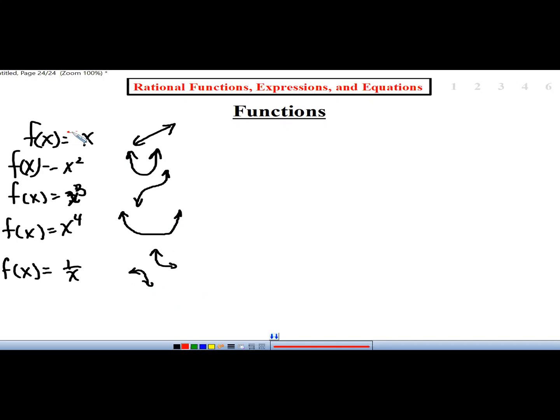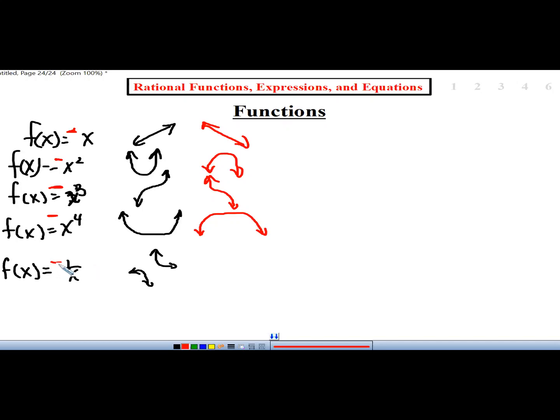However, look up. What happens when we put a negative in front of the function? Well, it reflects about the x-axis, or the inverse. How about this one? How about this one? And it works as well with these.